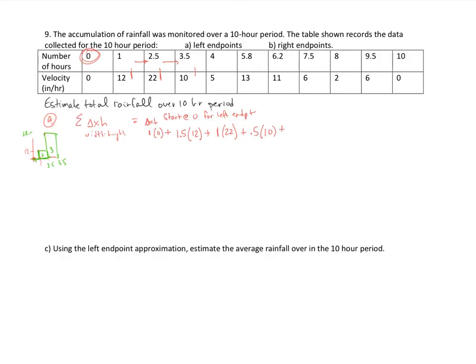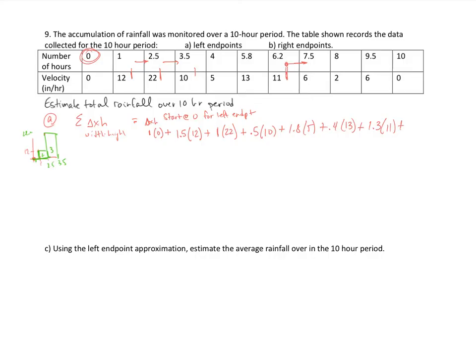And then I'll end up with 1.8 times a height of 5 plus 0.4 times 13 plus 1.3 times the 11. So again, we went from here to here, and then the height was this one, since we're choosing left endpoints.